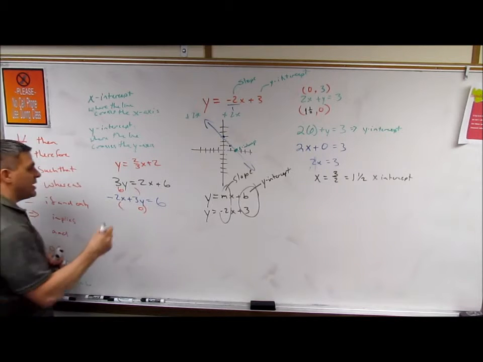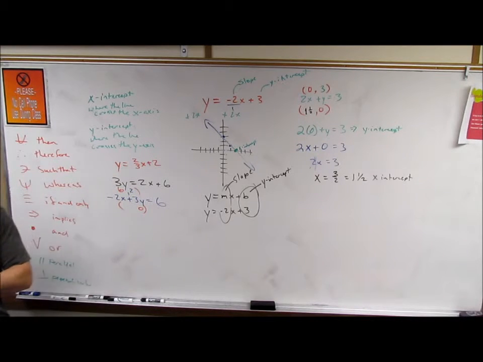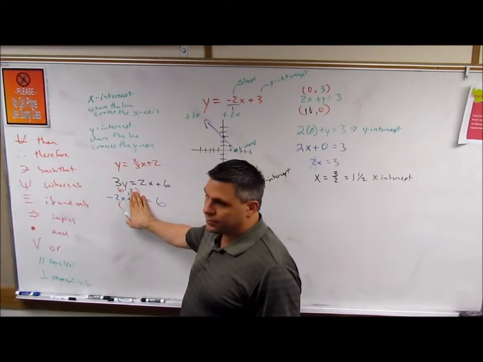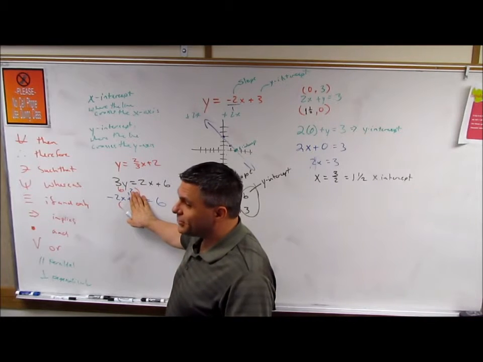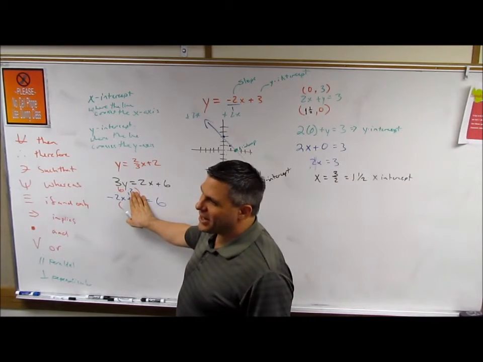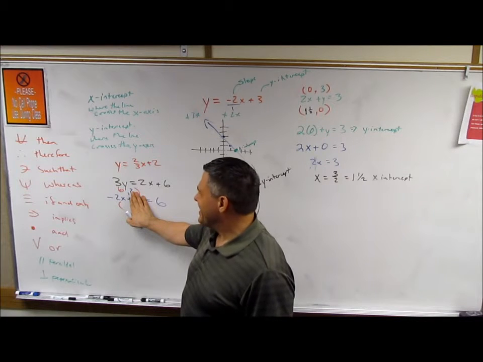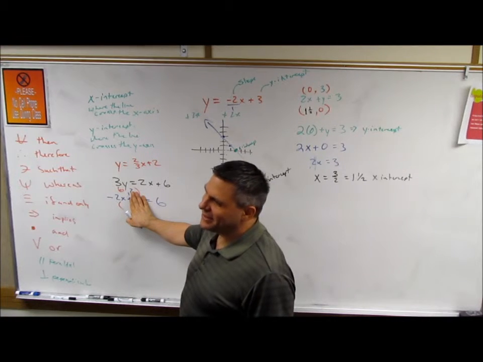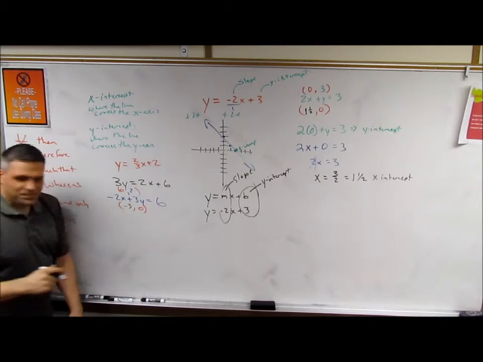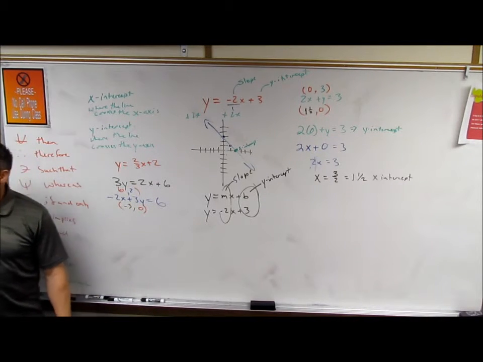It's easy to see, right? What's x equal? Almost 3. Oh, 1.5. Nope. Now you're way off. 6 divided by negative 2. Negative 3. Okay?